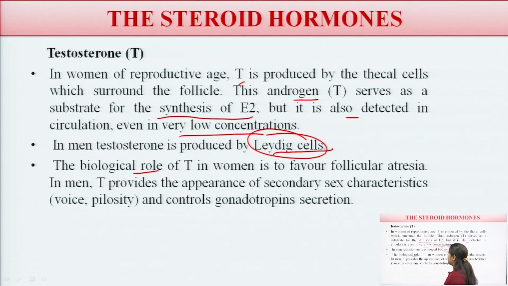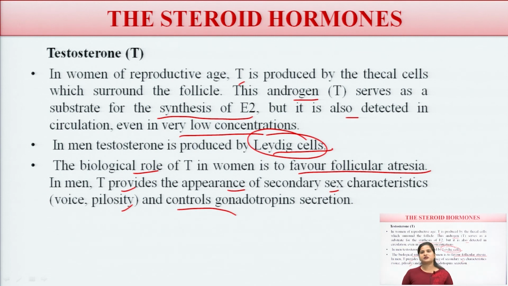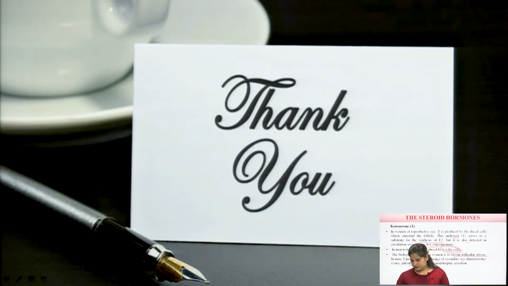The biological role of testosterone in the woman is to favor follicle maturation, and in the male, testosterone provides the appearance of secondary sex characteristics, such as voice change, and controls the gonadotropic secretions. So when the male reaches puberty, the voice changes, right.